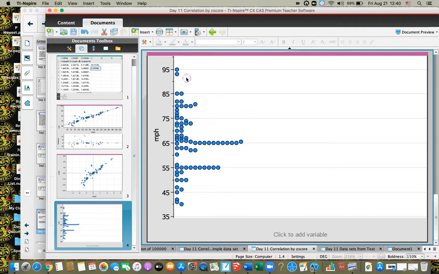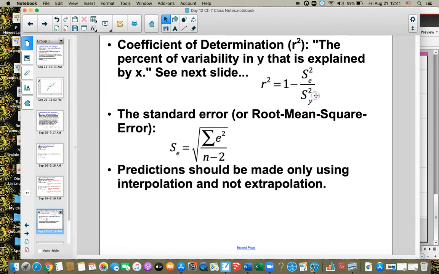You have to realize that this has quite a bit of spread, right? The standard deviation of this might be like from 65 to maybe 75, like 10. So that might be a standard deviation of about 10, right? So this bottom number would be like 10 squared. Okay, so you get like 100 on the bottom.